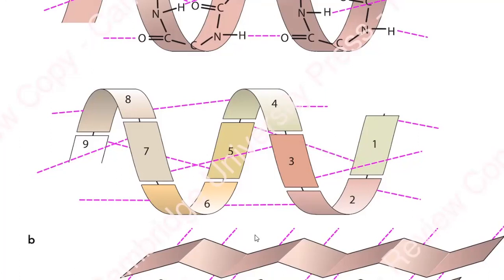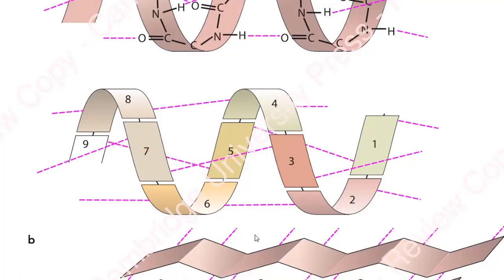ठीक? अब हम देखते हैं amino acid 3 किसके साथ बना रहा है. This is amino acid 3. So 3 plus 4 is 7. So अब देखो ये dotted line कहाँ जा रही है, amino acid 7 पे जा रही है. फिर 5 किसके साथ बना रहा है, 5 plus 4 is 9. So the amino acid 5 is making a hydrogen bond with the amino acid 9.